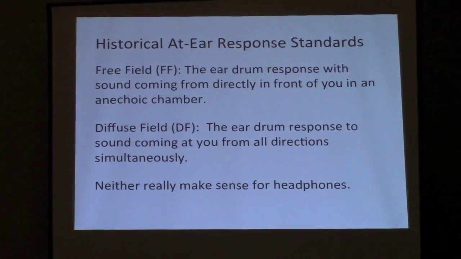So what has existed in the past as an acoustic standard is the free field response, and the free field response is the eardrum response to sound in an anechoic chamber that is coming from directly in front of you. Okay, so this is not what speakers sound like.